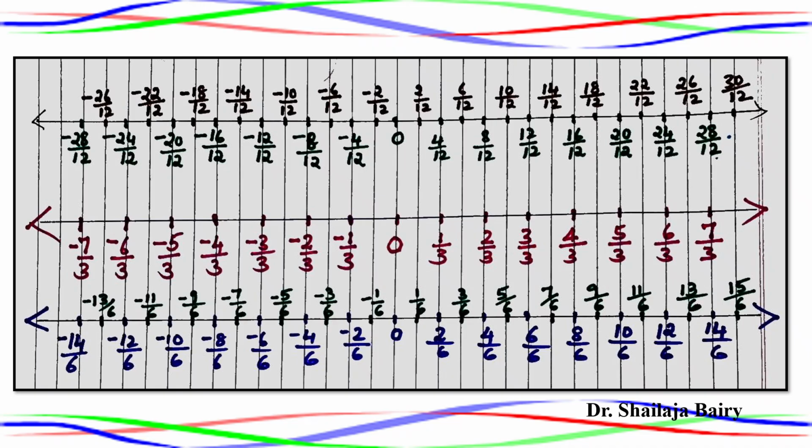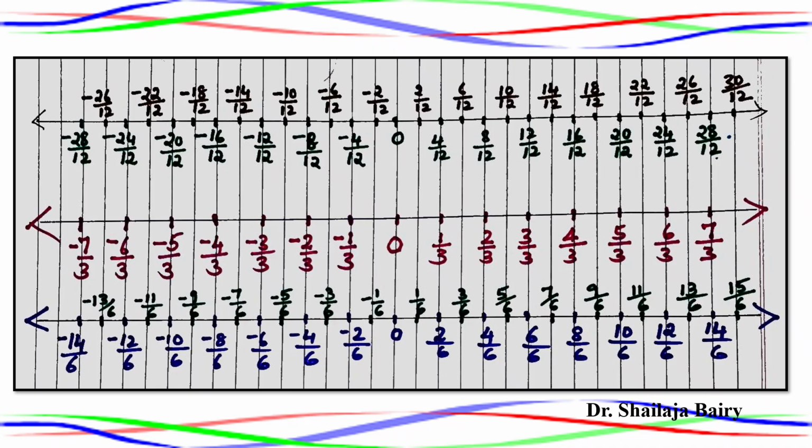So accordingly, if you consider various other number lines along the vertical line, consider that 1 by 3 in the middle number line. Go along the vertical line and you have 4 by 12 there. Aren't they equivalent? 1 by 3 is equal to 4 by 12. And if you come down, you have 2 by 6, again equivalent to 1 by 3.